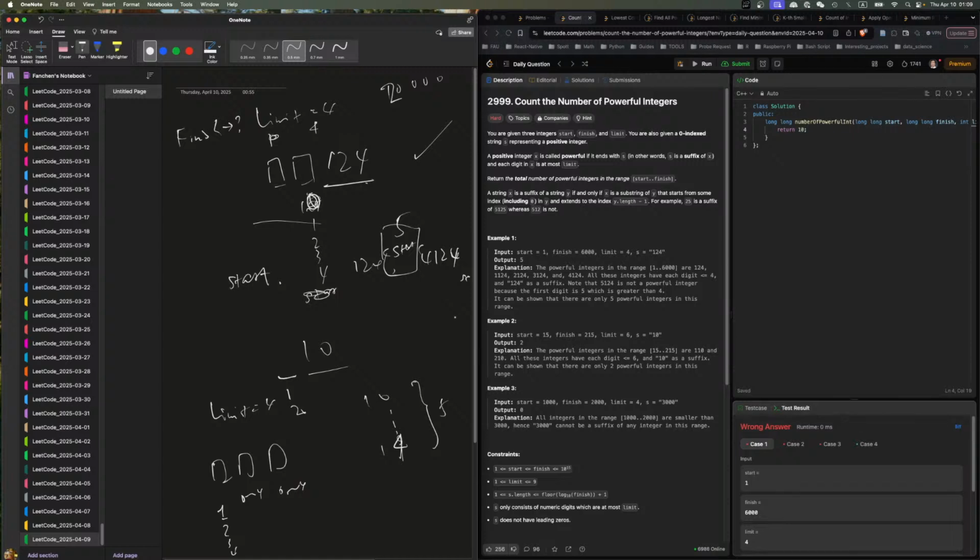The start. Where does the start fit in? I have a start, and I can know how many digits are in the start.